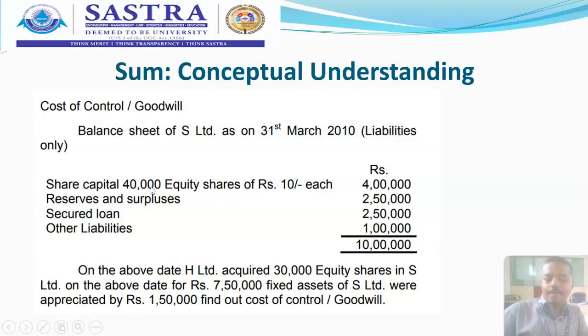We need not calculate, you can choose the option. So when you have acquisition of more than 50% of equity shares, then only you need to calculate the cost of control. Then only you get control at all. So that is the basic understanding.